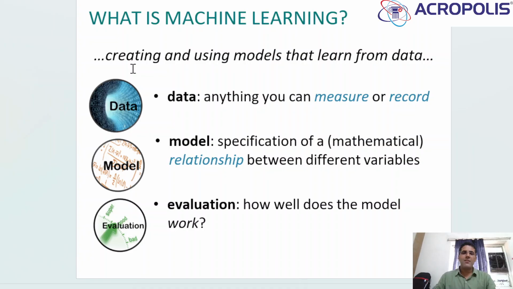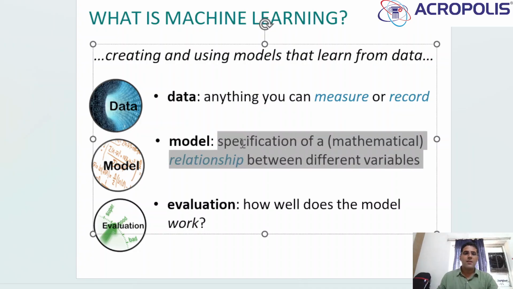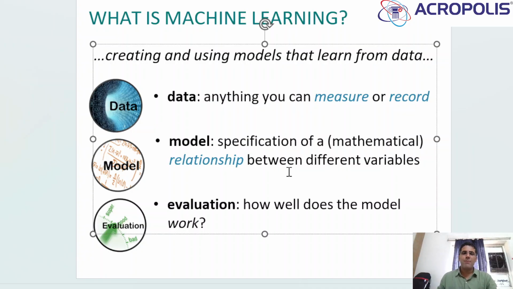If I talk about artificial intelligence, we say that making machines behave like humans, or replacing men with machines, is artificial intelligence. In order to do that, we need some sort of algorithm that typically comes under the hood of machine learning. What would be the model? The specification of a relationship between different variables. This is one of the models that is part of machine learning.